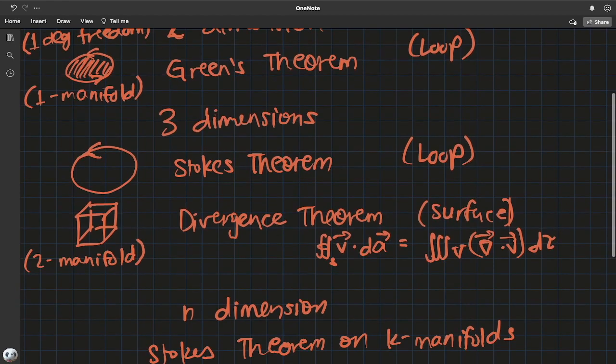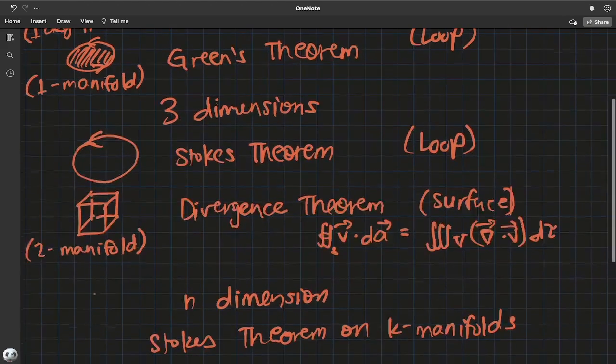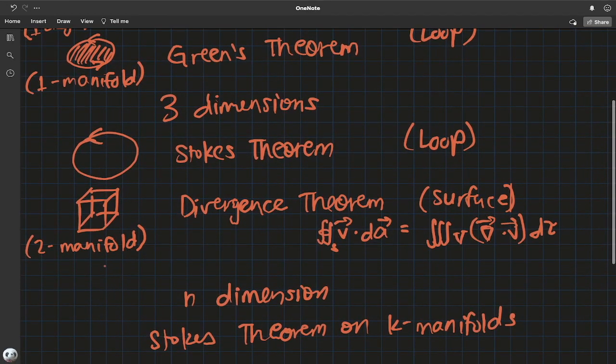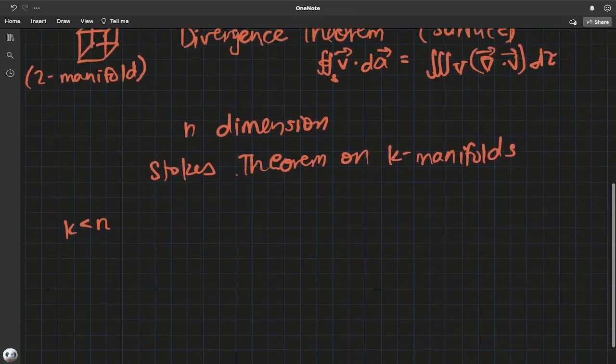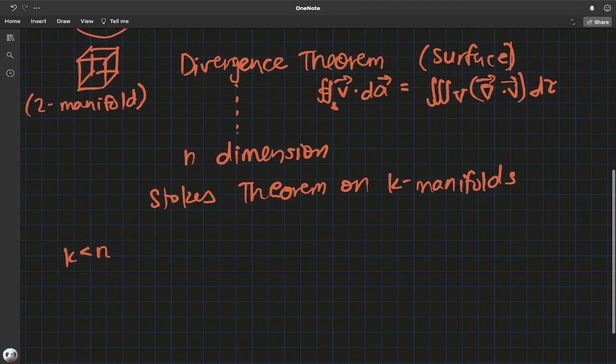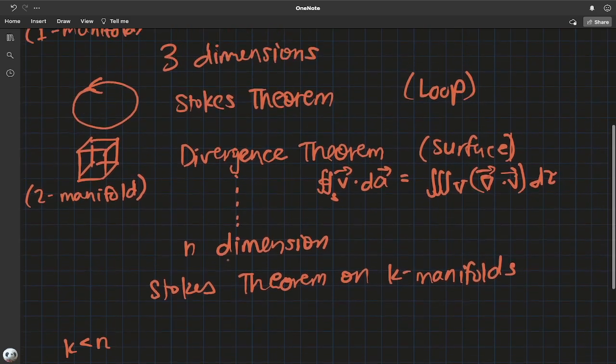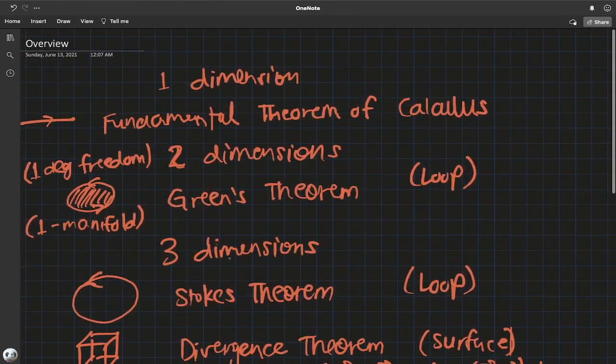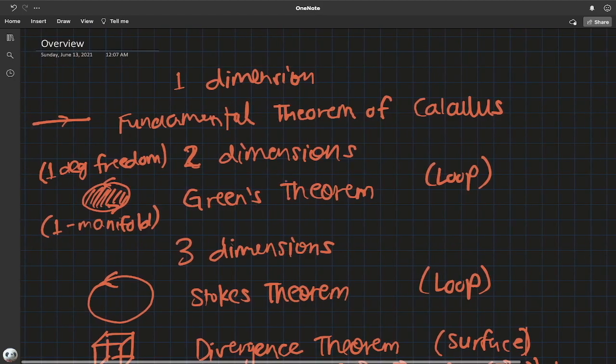And since we were working with R3, our function was taking points from R3 to R3. We can't have a 3-dimensional manifold. We can't integrate a closed integral over that. Similarly, you see the trend, k has to be less than n. So this is what's going on in the most general sense.